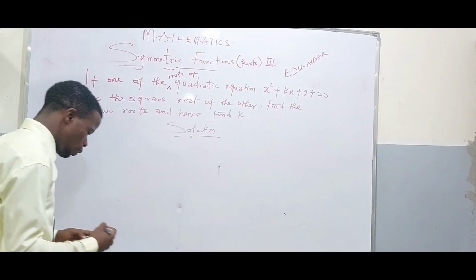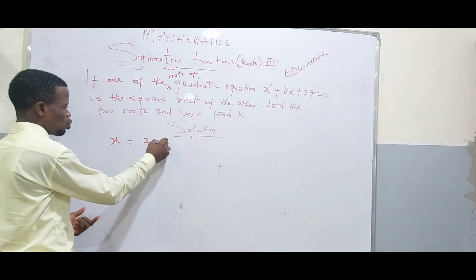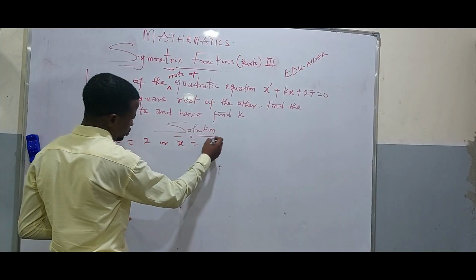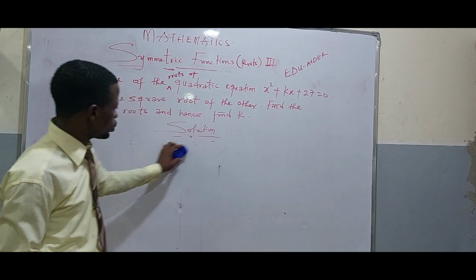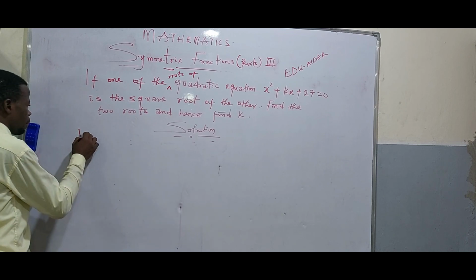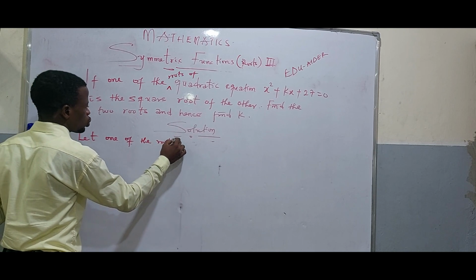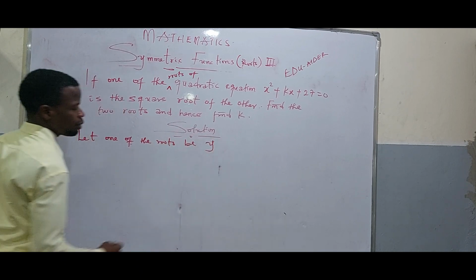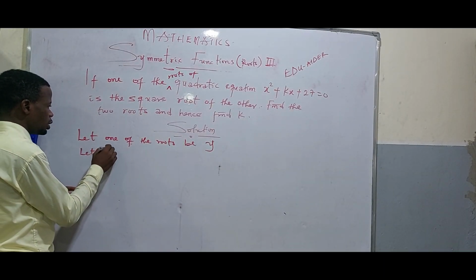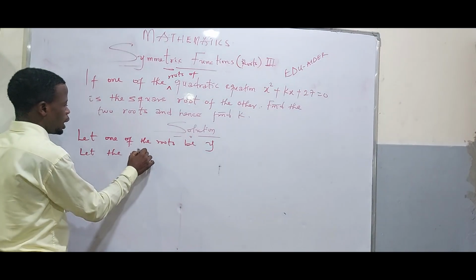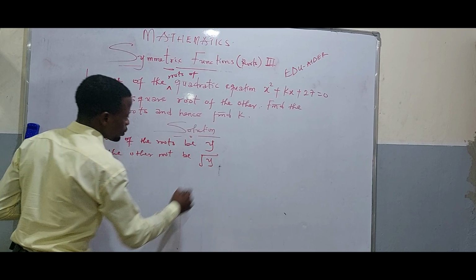Now, ideally when you're looking for quadratic equation roots, you know that x can be equal to probably 2 or 4, 5 or something, right? Now they said one of the roots, so we say let one of the roots be y, and let the other root be square root of y.